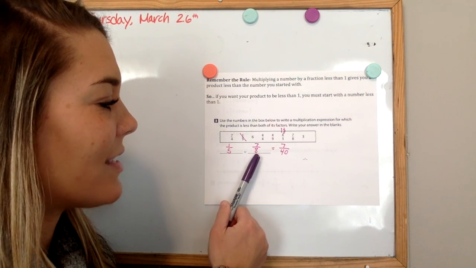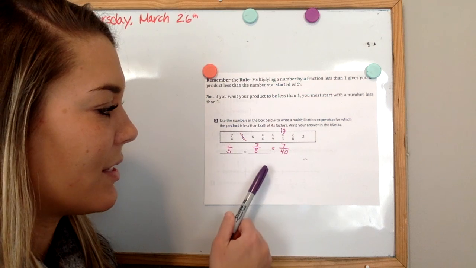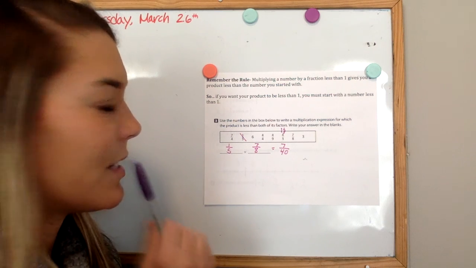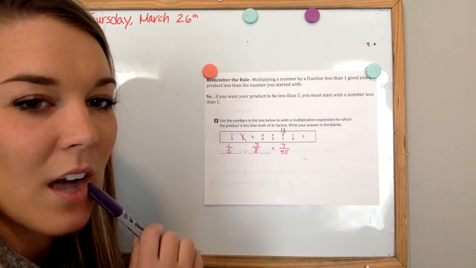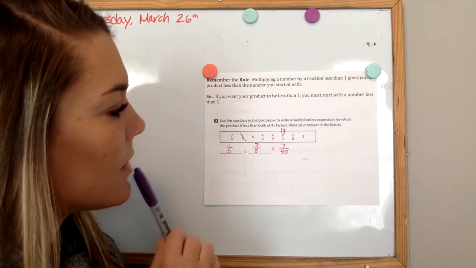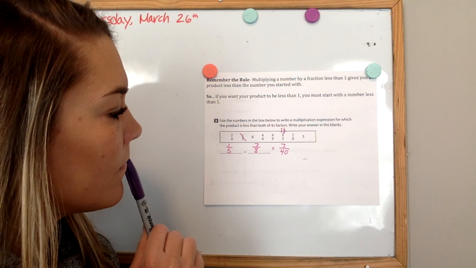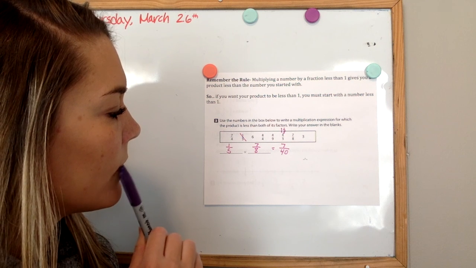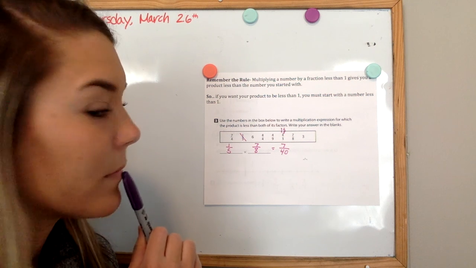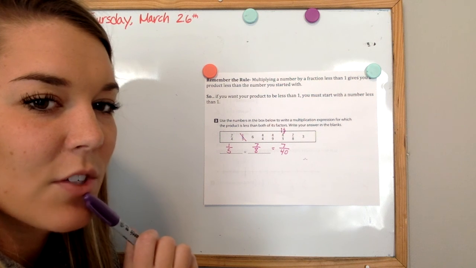And is it less than 7/8? This is tough because 7/40 is a kind of complicated fraction. Think about it for a minute if you can think of a strategy to use.